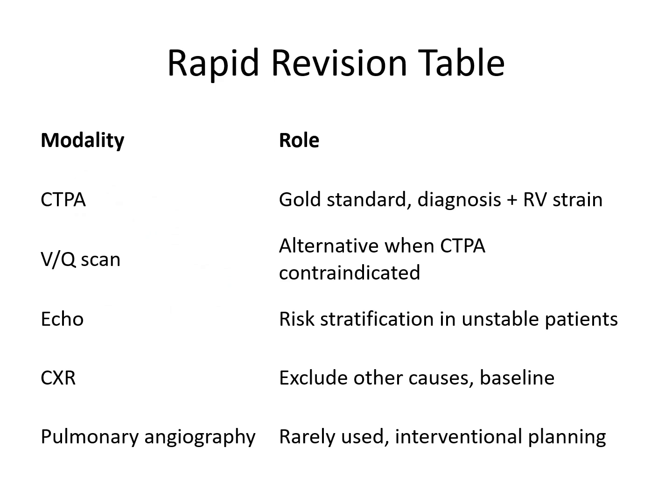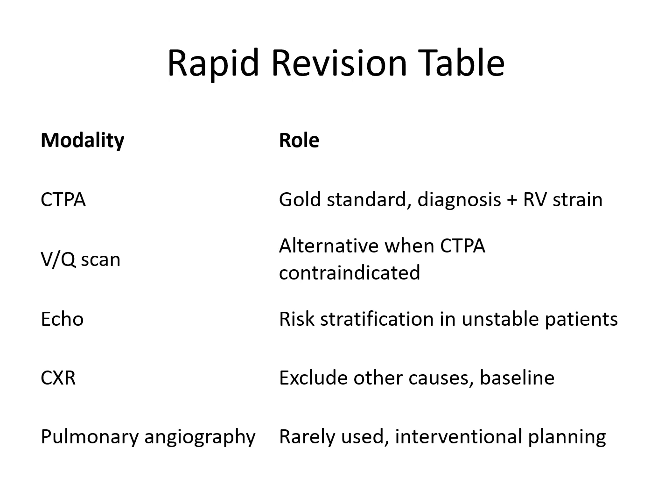Now the rapid revision table of pulmonary embolism. CT pulmonary angiogram is the gold standard for the diagnosis of pulmonary embolism and right ventricular strain. Ventilation perfusion scan is the alternative when CT pulmonary angiogram is contraindicated. Echocardiography is done for the risk stratification in unstable patients.